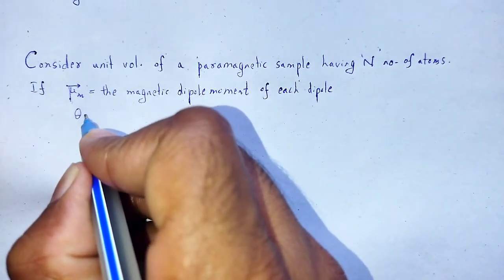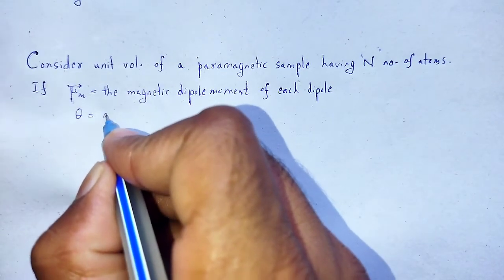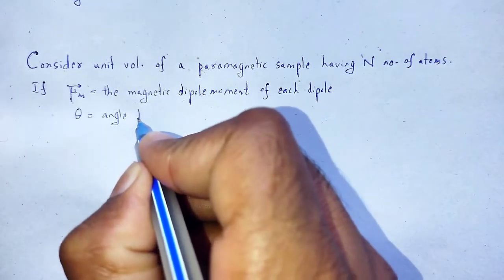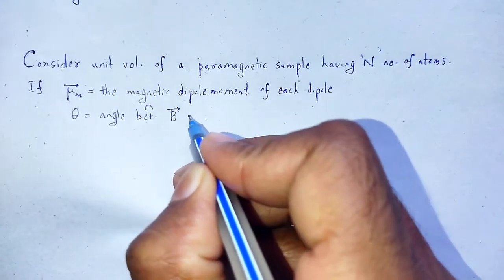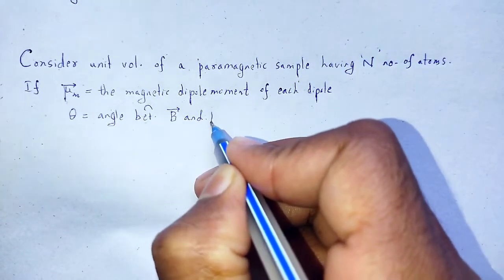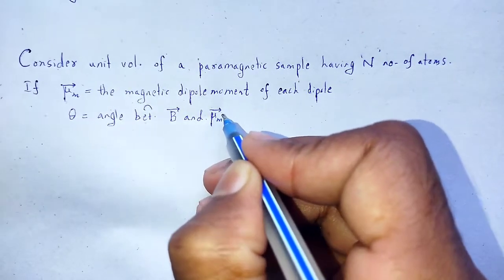and theta is the angle between the B vector and the mu m vector.